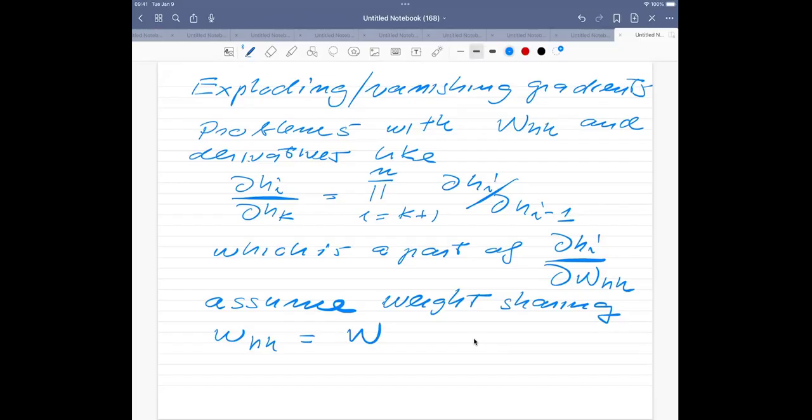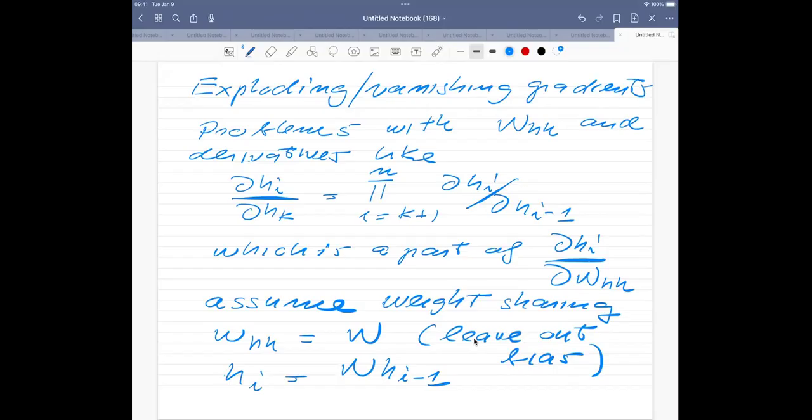And then we leave out the bias to make things simple. So that means that h_i is actually given by W times h_{i-1}. This is the part which links a previous time step with a new time step. And it looks very much like a neural network, right? Because there we had the new layer given by the previous layer result multiplied with a weight.